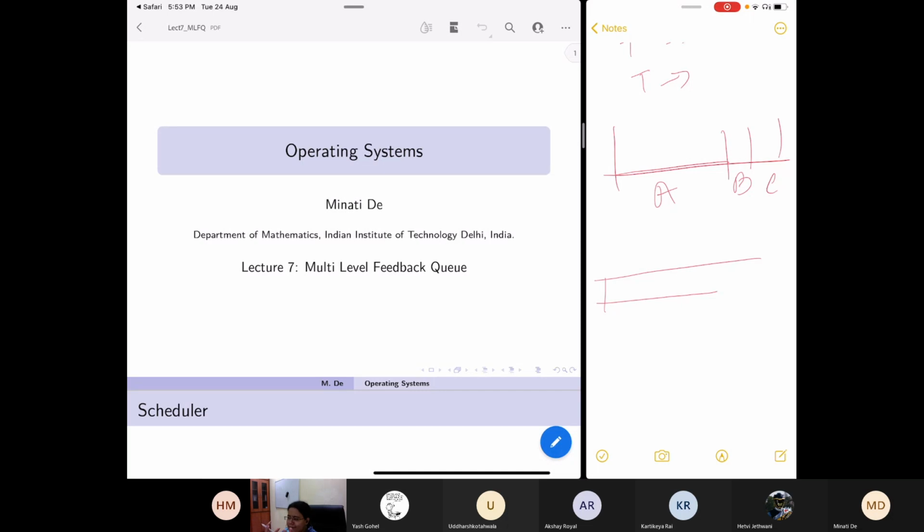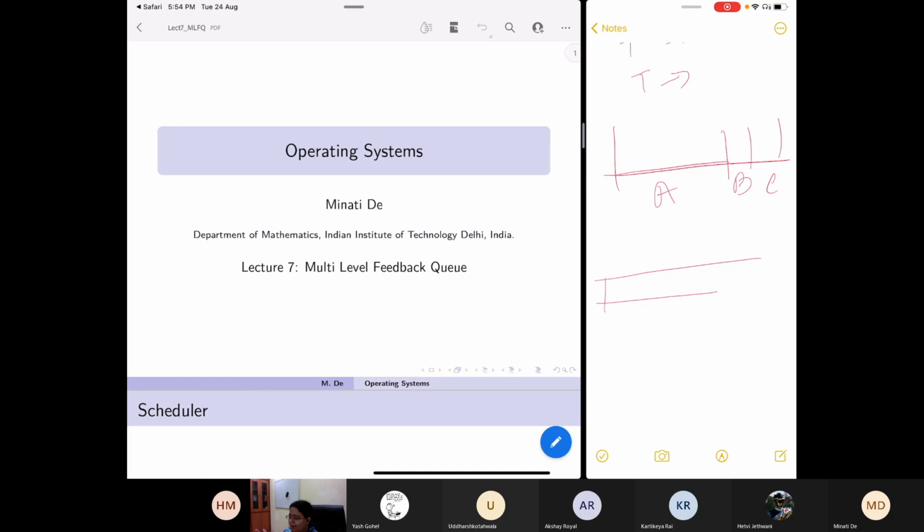Now the question is, if you are going to remove that assumption, what should your algorithm be? Here there is no concept of shortest job first. Okay, round robin you can always apply, but the problem with round robin is it behaves very poorly with respect to turnaround time.